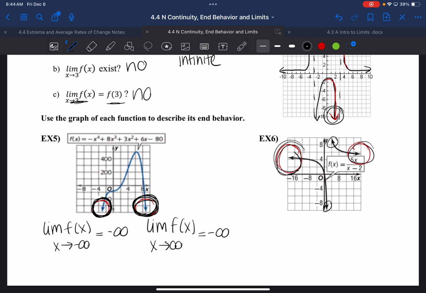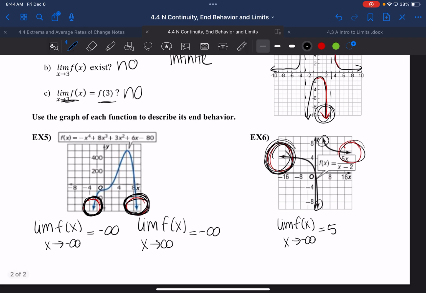Okay, so for this one over here on the left, the limit of our function as x approaches, where is x going? Negative infinity. What is y approaching right there? It's already past 4. 5. Right?